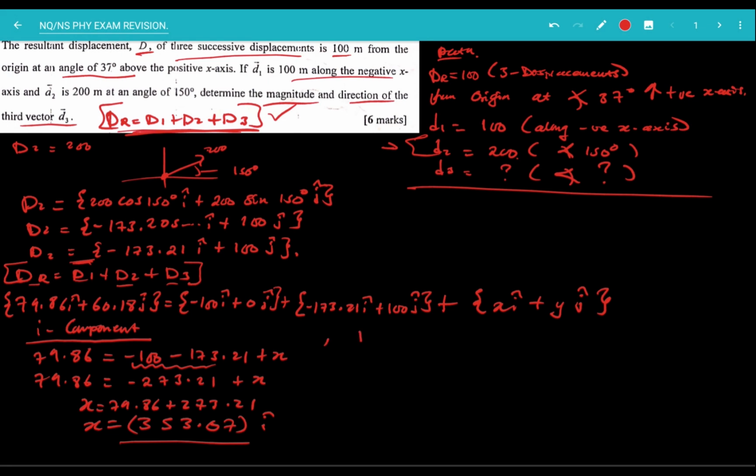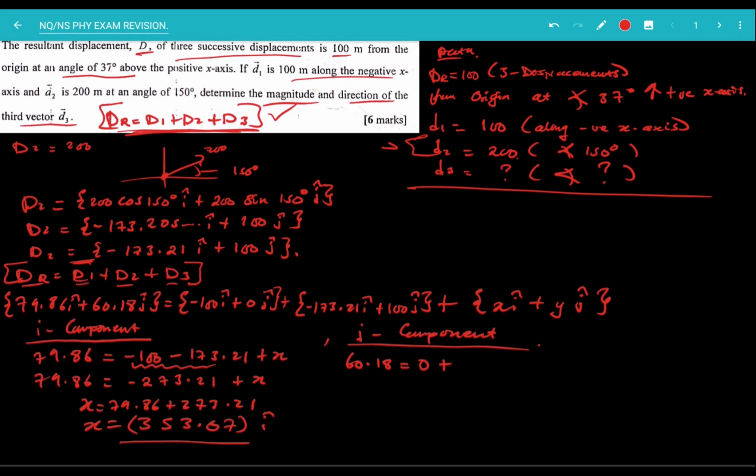Then we do the same for the J component. For the J component, I'll get the J component in the D resultant, which is 60.18 being equal to the J component in D1, which is, no, it's 0, so I have 0.